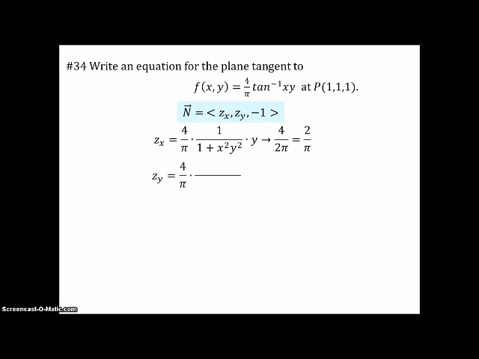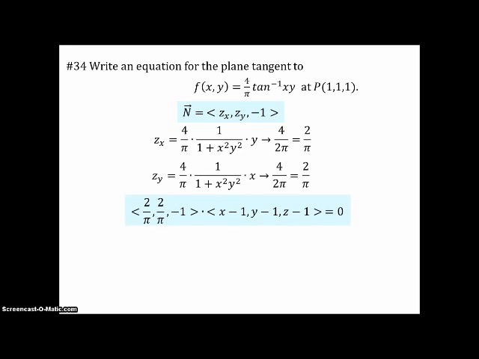Then we compute the partial derivative with respect to y, which is almost the same, except now the derivative of xy is x. So when we apply the chain rule, we multiply by x instead of y. But again, since x and y are both 1, when we plug in 1 for x and 1 for y, the partial derivative with respect to y is also 2 over pi.